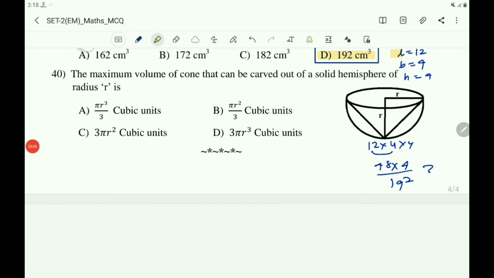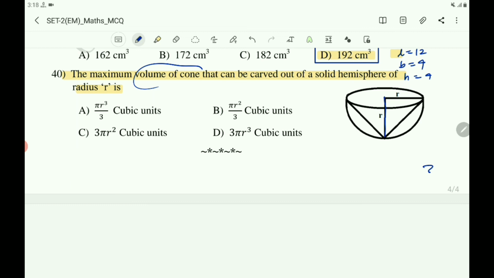Now take question number 40, the last question. What is the maximum volume of a cone that can be carved out of a solid hemisphere of radius R? Here the radius of the hemisphere equals the radius of the cone and also the height of the cone.